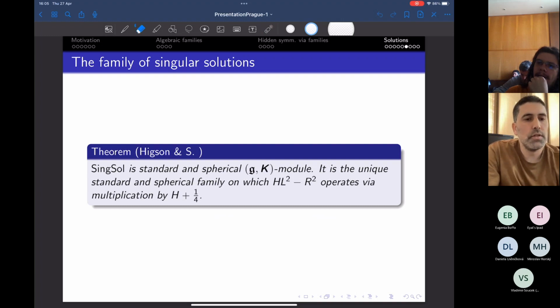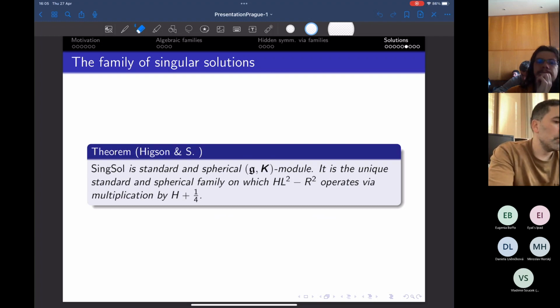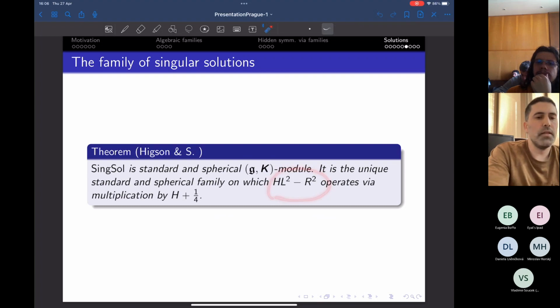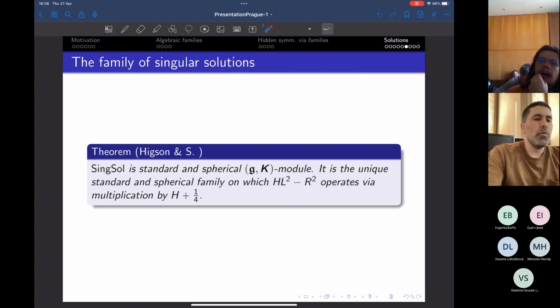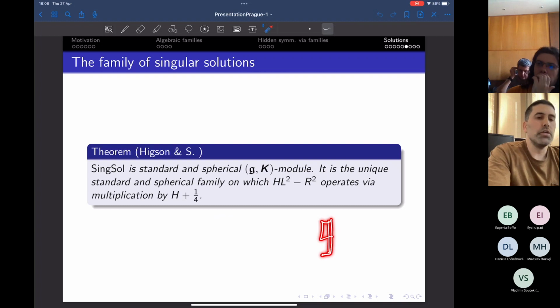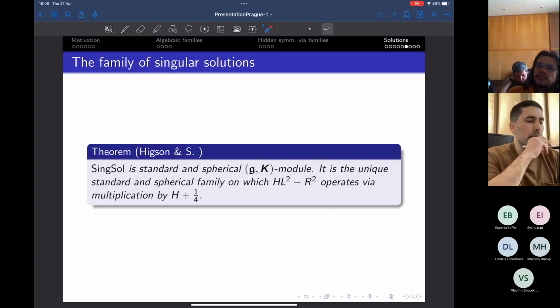These relations are related to the way some central element, some element in the center of the enveloping algebra, acts. You can relate it to the Casimir of this family g. So the superintegrability can be related to the way the Casimir, or the center of the universal enveloping algebra of g, acts on solutions.